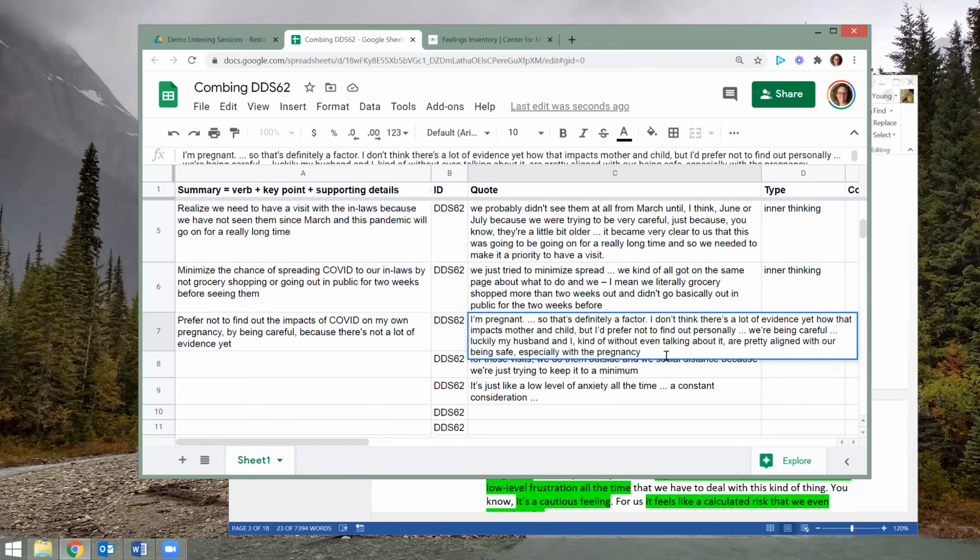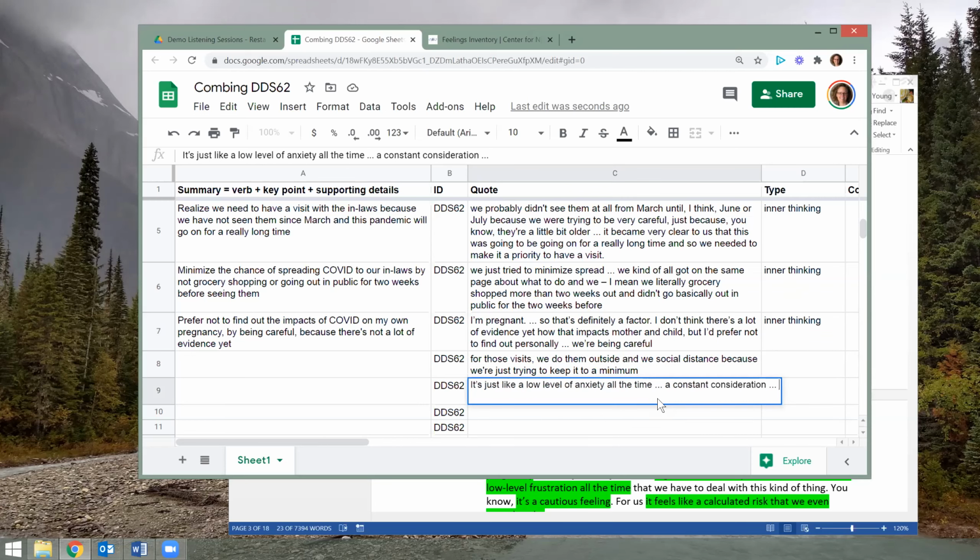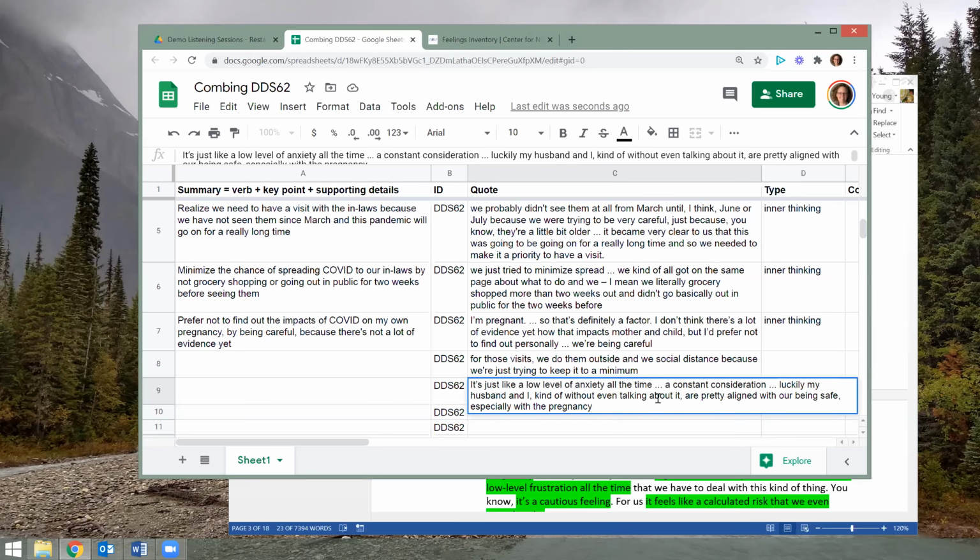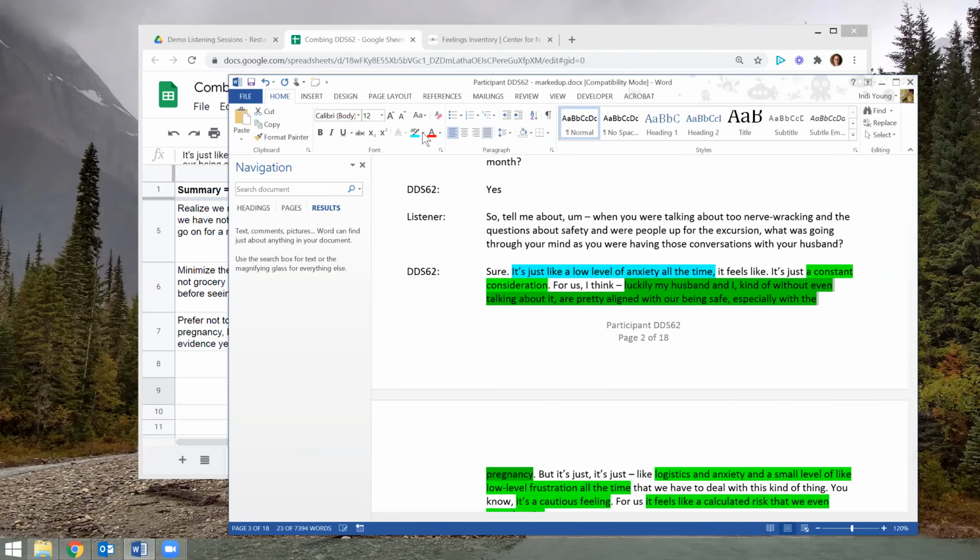Luckily, my husband and I. No, it doesn't. Okay, why? Because it's about this constant consideration. Oops, I forgot the constant consideration as blue.